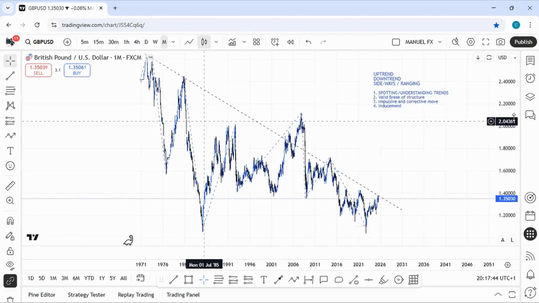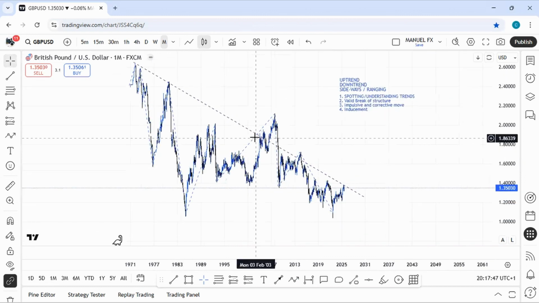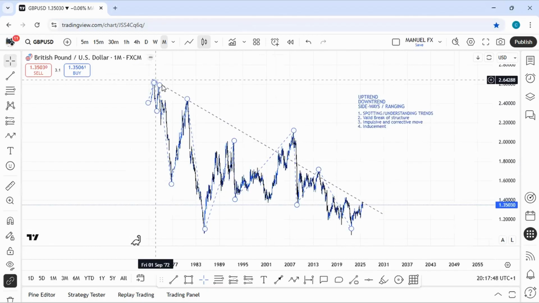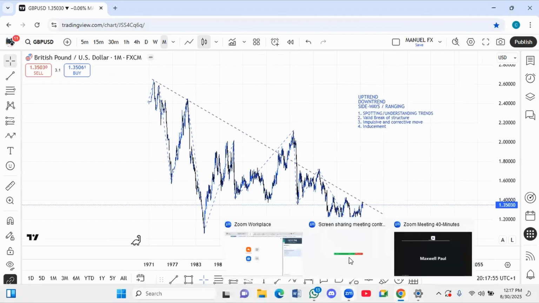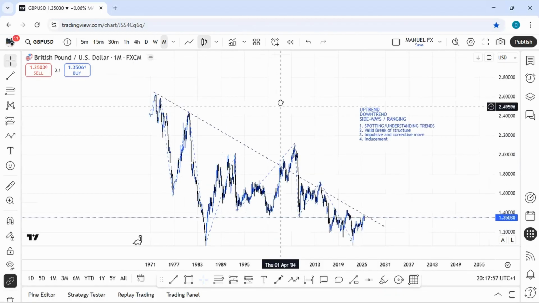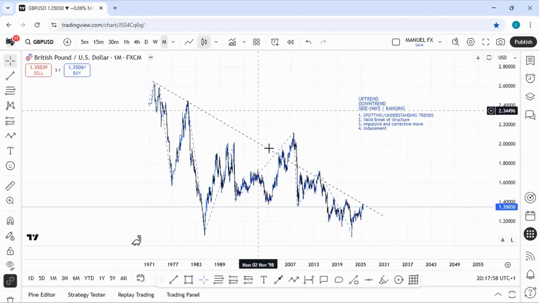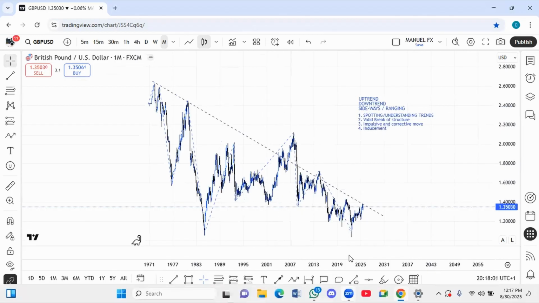The next question we are going to ask ourselves is, since we know that the monthly time frame is on a downtrend, what else are we going to be looking at in the market?